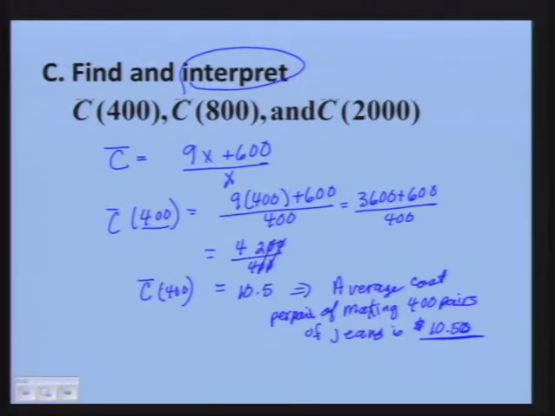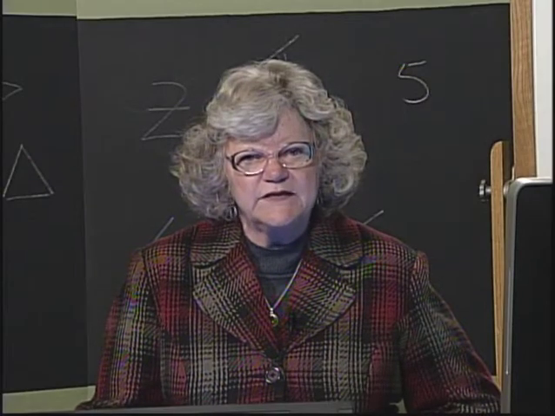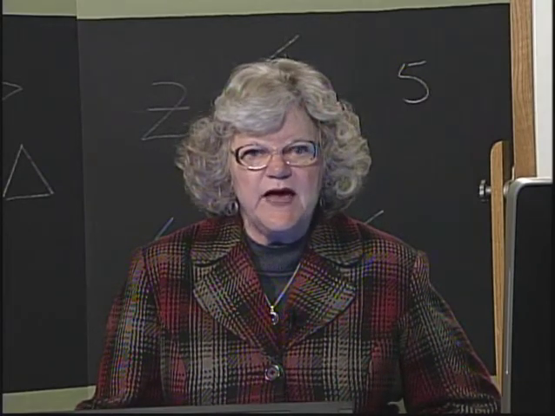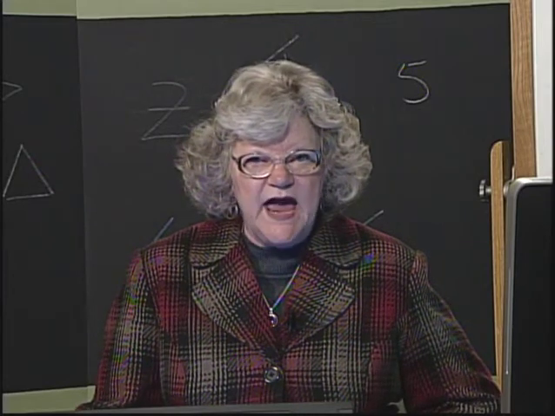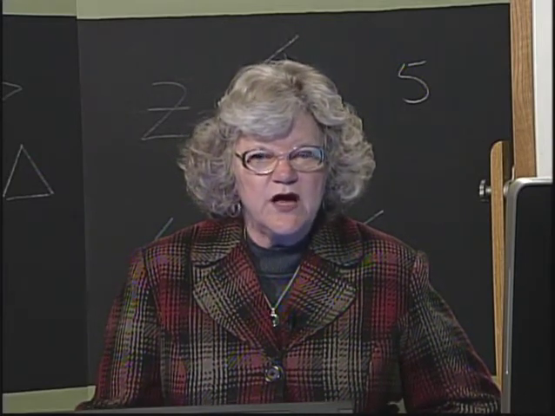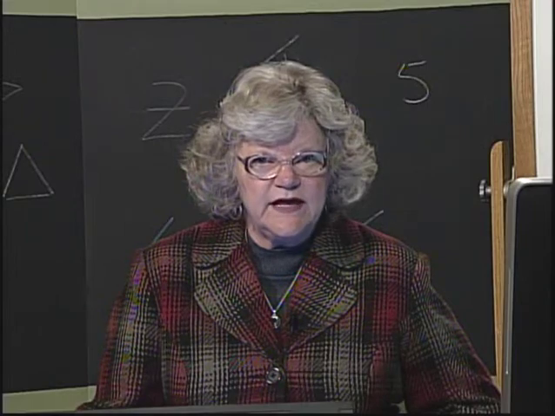Boy, that's a big difference from 609 and 300 something. We're now down to $10.50 a pair. I believe we can charge a reasonable price for our jeans now and expect to make a profit. But we have to make quite a few pairs before the average cost per pair comes down to a reasonable level.